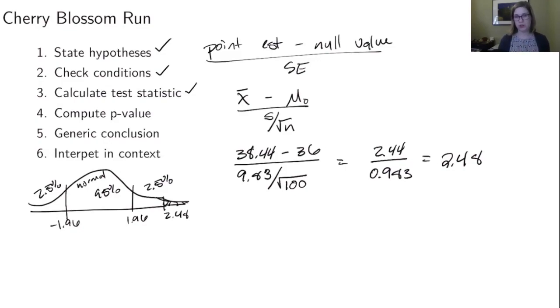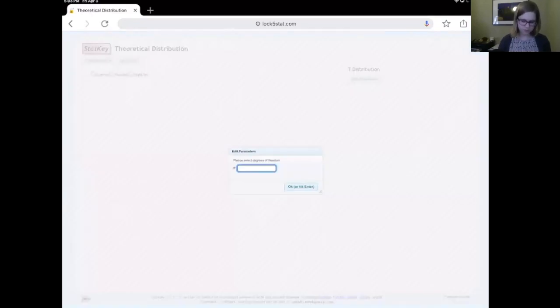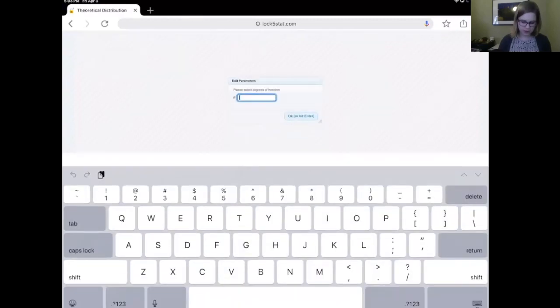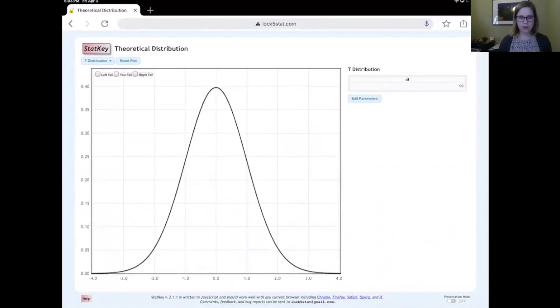The guess doesn't always turn out to be correct, especially if you have small sample sizes, because then the t-distribution is different. But let's figure it out for real using Statkey. I'm back at Statkey. I want the theoretical distributions, and I want the t-distribution. It asks for my degrees of freedom, and it's 100 minus 1, which is 99. I could just hit the right tail button to give me one tail, because this is a one-tailed test.